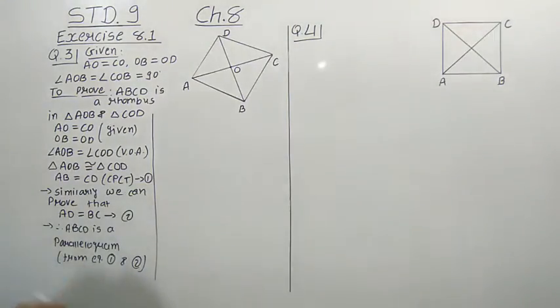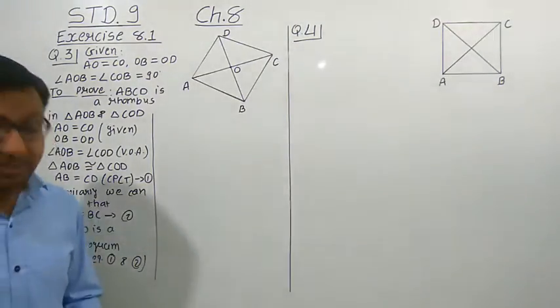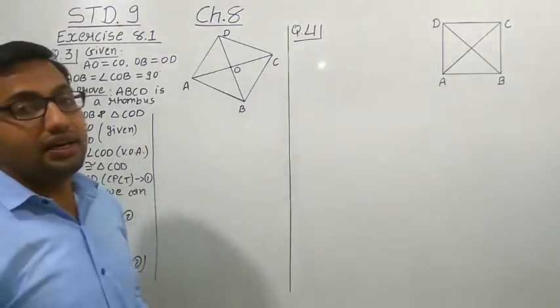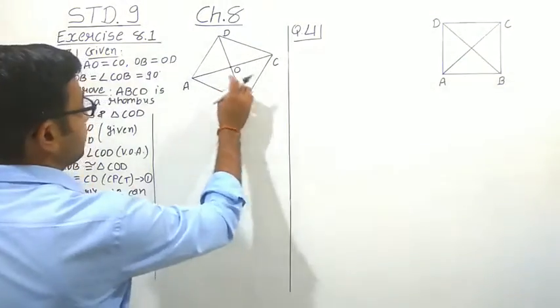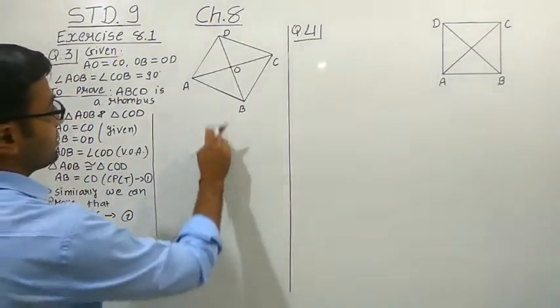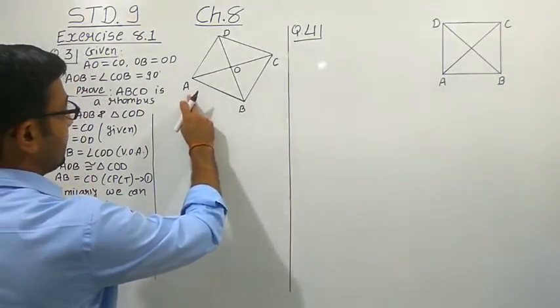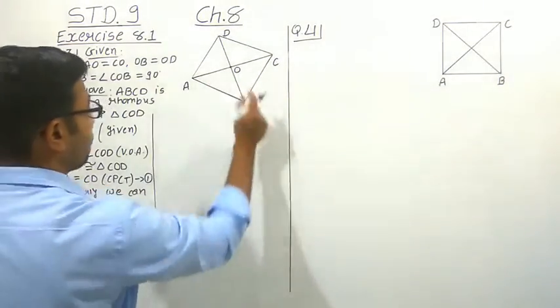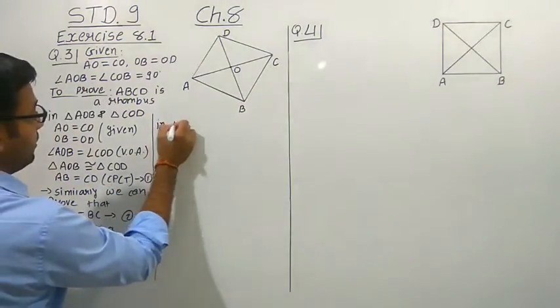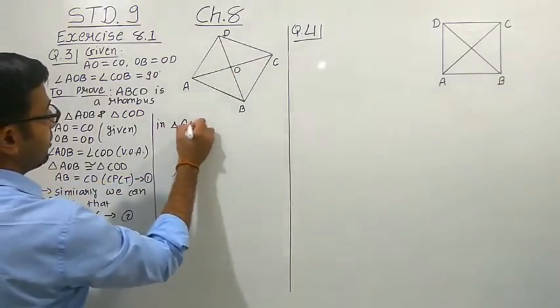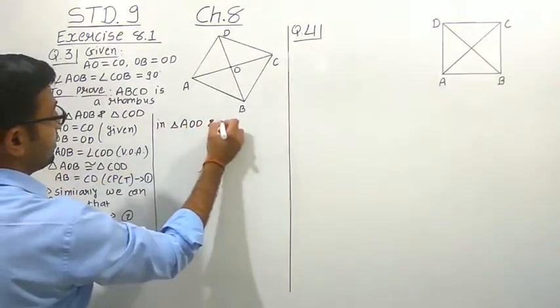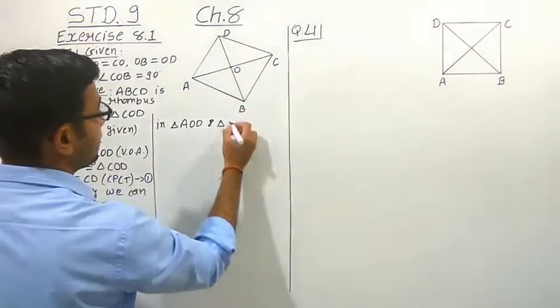Now we have to prove that all the sides are equal, because a rhombus is one in which all the sides are equal. So let us now consider two adjacent triangles, triangle AOD and triangle COD.